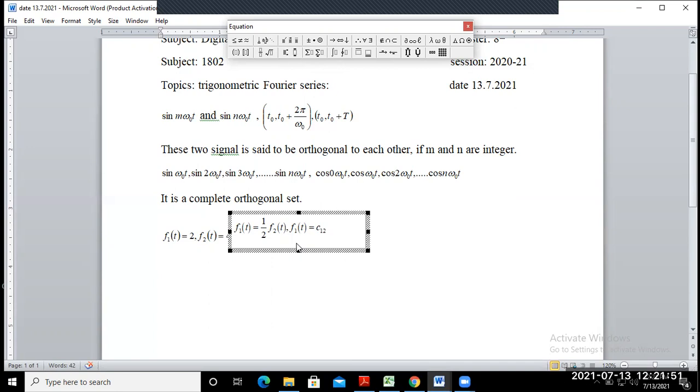That means 2 can be written as 4 if we multiply by 1 by 2, or divide by 2. So c12 into f2t. Any function can be represented in another function if you multiply by some constant term, that is represented by c12. So f2t.